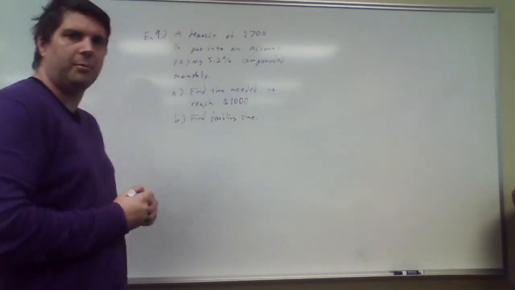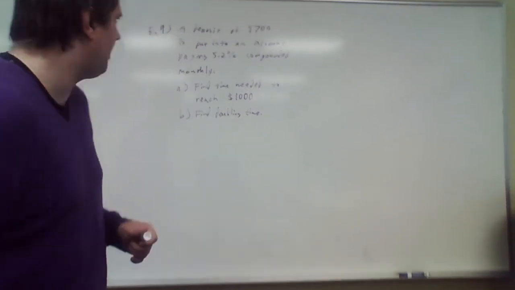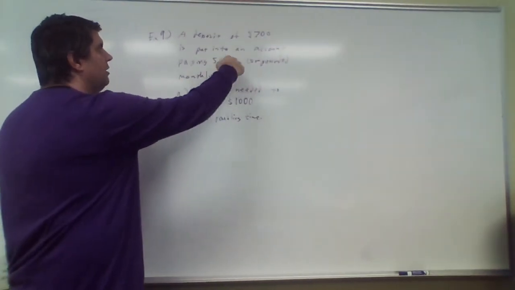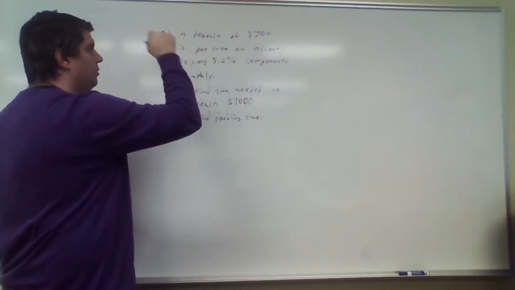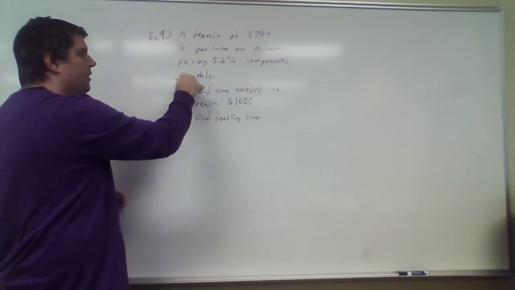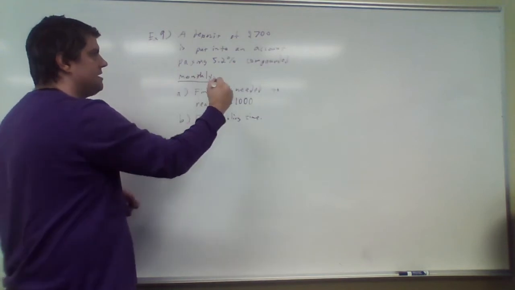All right, so this problem is a similar type of problem, but it's got monthly compounded interest. So a deposit of $700 is put into an account paying 5.2% interest compounded monthly. Okay? That's monthly. That's not continuous.